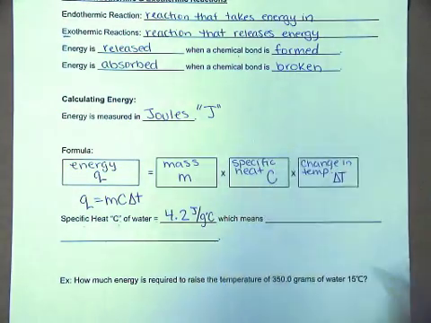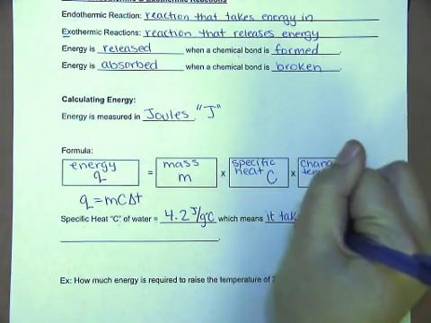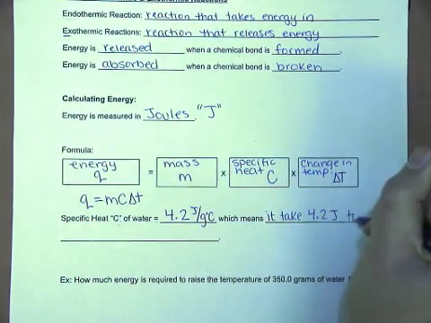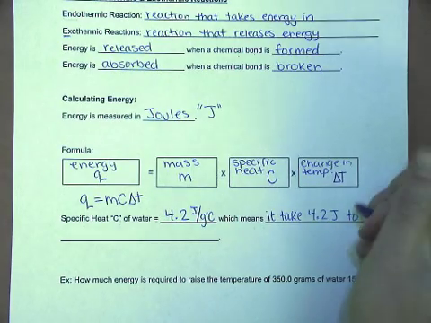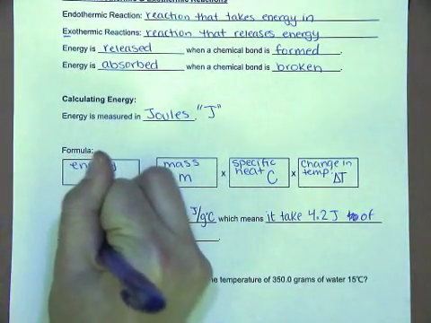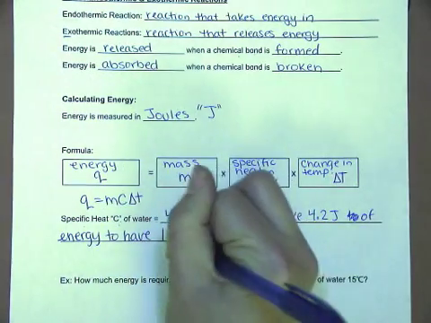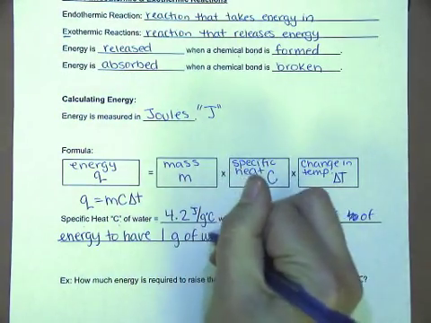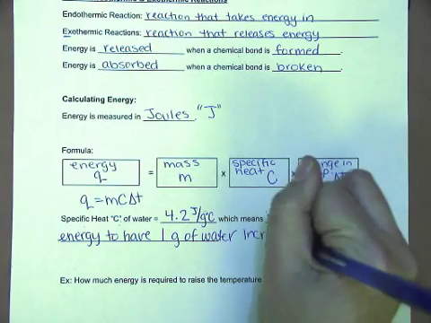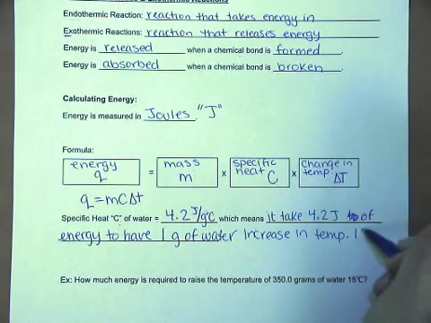So what that means is it's going to take 4.2 joules, which is that term of energy, so 4.2 joules of energy to have 1 gram of water, that's where my grams come from, increase in temperature by 1 degree Celsius.